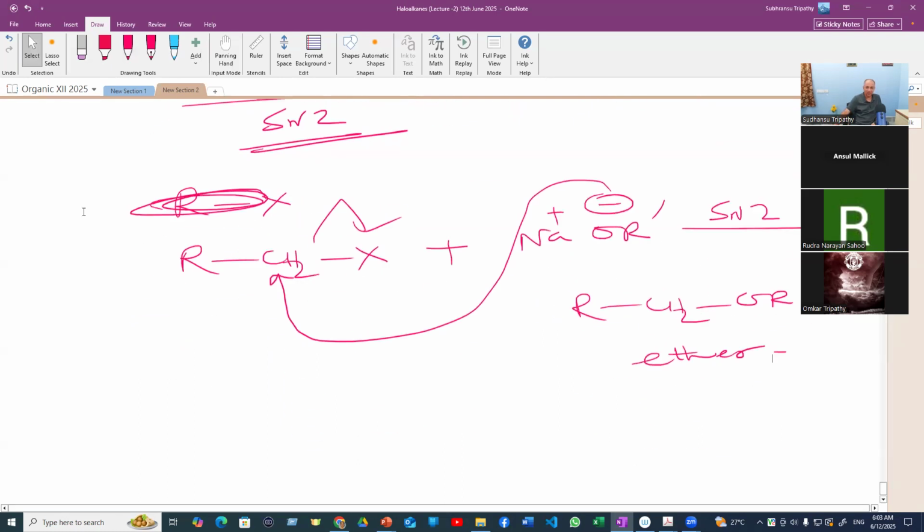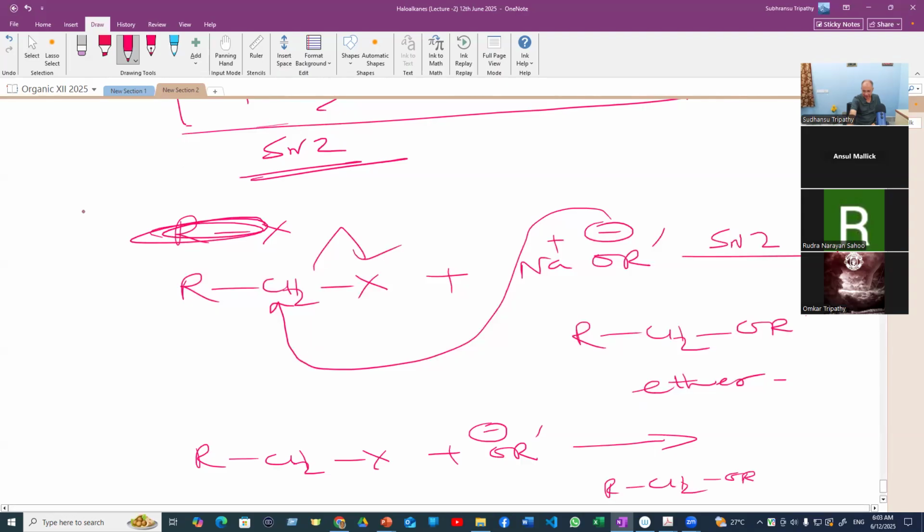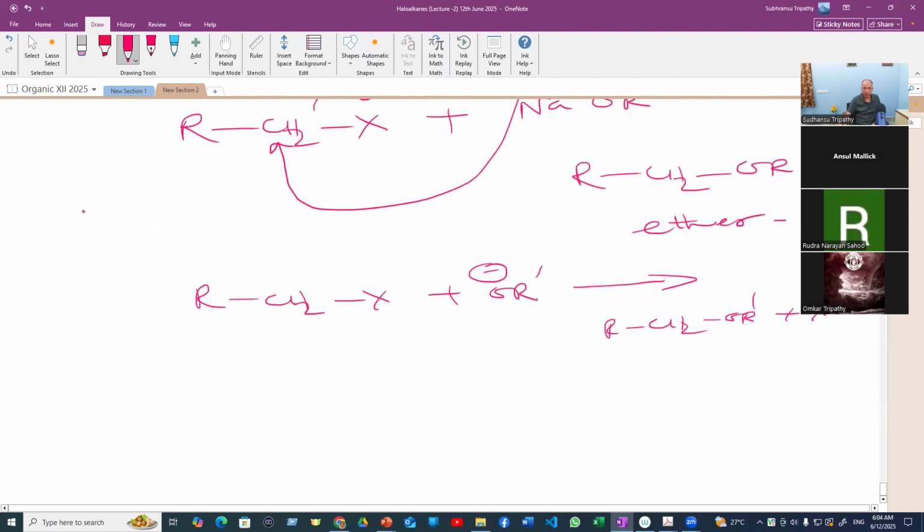This is called the Williamson synthesis of ether, and the ionic equation will be like this. The X minus is the leaving group, this is the nucleophile, the details of which we will be doing in the mechanism, SN1, SN2 and all that.